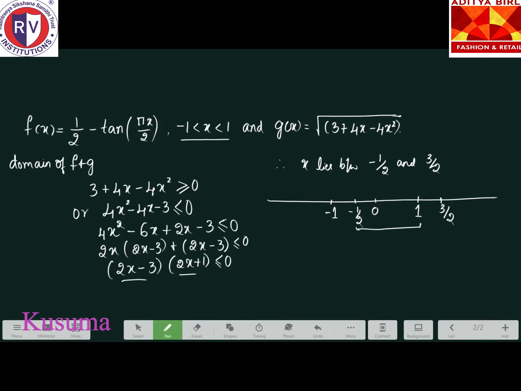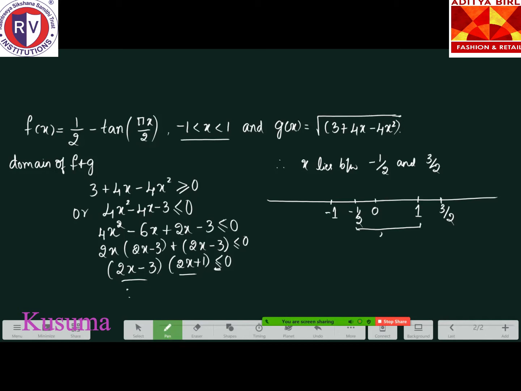So excluding this one, whatever will be less than 1 and greater than minus 1 by 2, including minus 1 by 2. Why is it like that? Because there is less than or equal to here. See, the factors will be less than or equal to 0. Therefore, minus 1 by 2 is also a point included.